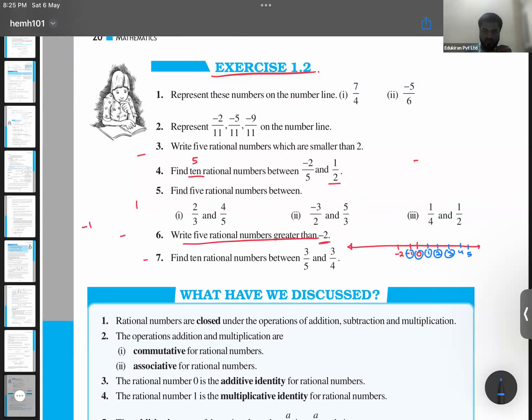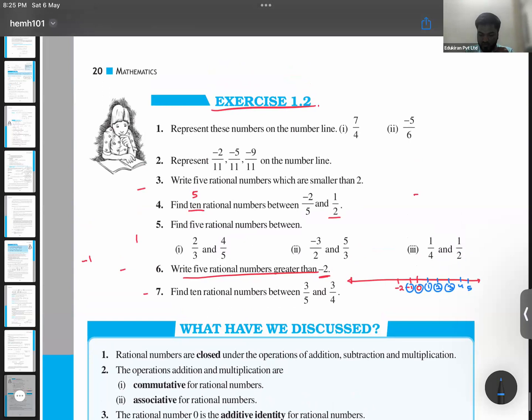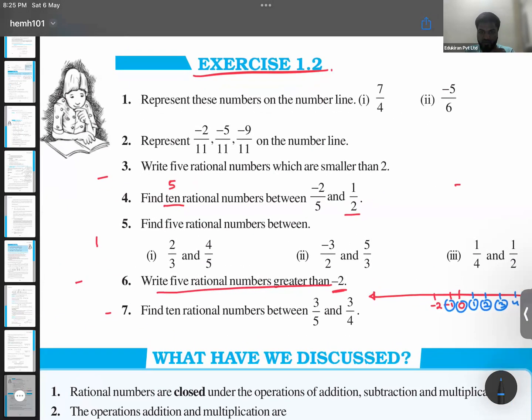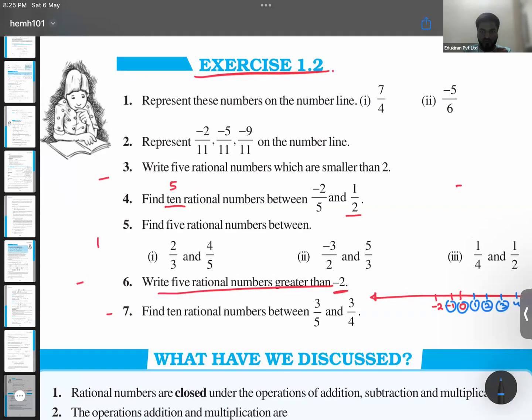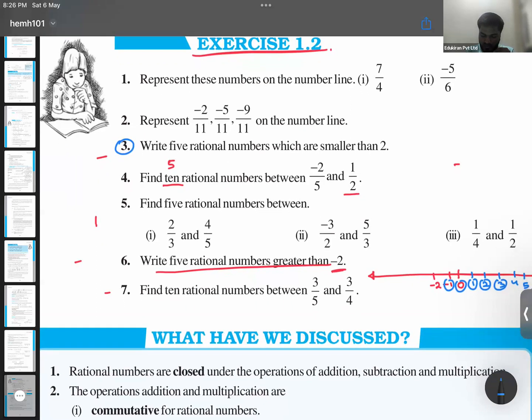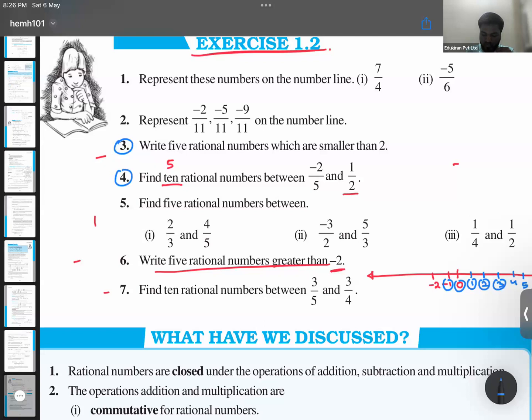I cannot say that, sir. Okay. See exercise 1.2, and if there's any confusion in this exercise, do ask me, or if not, then this will be your assignment. Question number 3 and question number 4 are going to be your assignment, Ahmed.